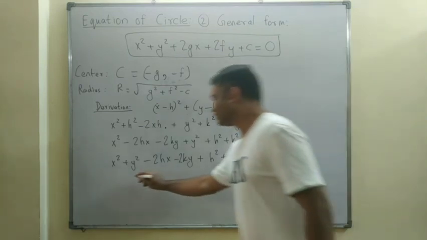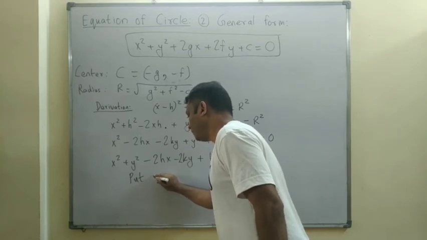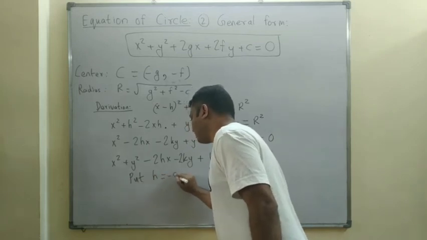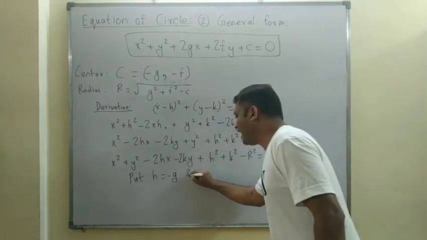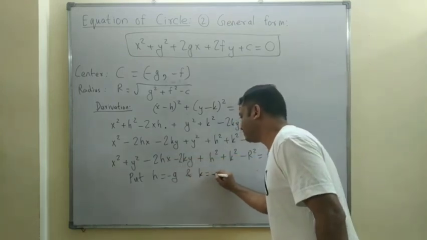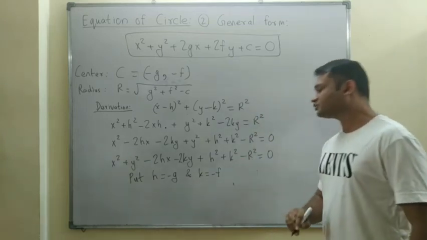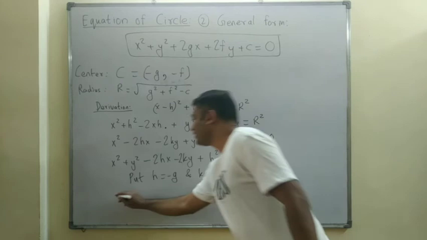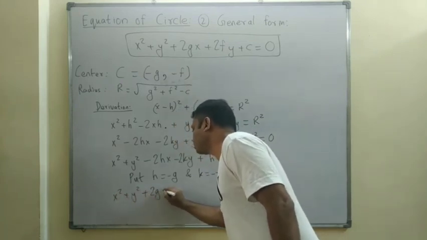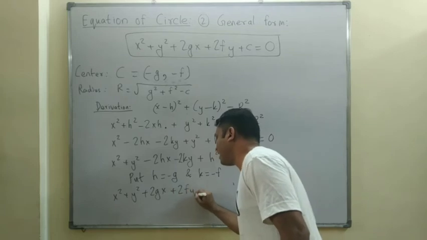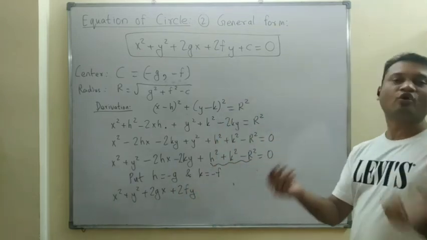Now let us substitute. Put h as minus g so that this term becomes positive, and k as minus f. On substituting this, what will be our equation? x square plus y square plus 2gx plus 2fy, and this whole thing is a constant.